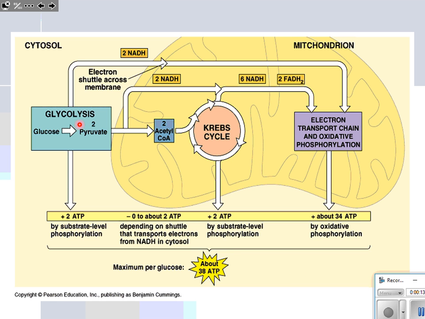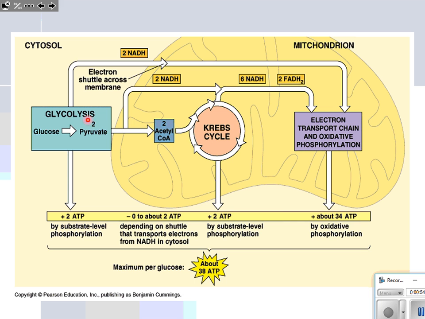So we began in the cytoplasm of our cell with the first step, which was glycolysis, followed by the formation of acetyl coenzyme A, 2 turns of the Krebs cycle, both of these steps taking place in the matrix of the mitochondrion, and then lastly, the final step taking place on the cristae, on the folds of the inner membrane of the mitochondrion, the process of chemiosmosis, oxidative phosphorylation, producing lots of ATP.